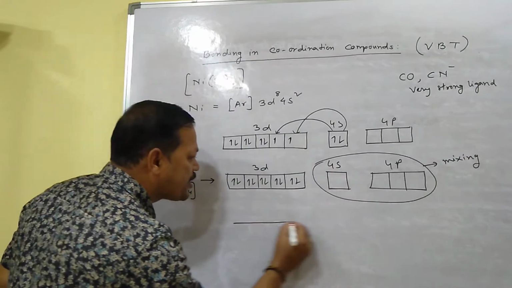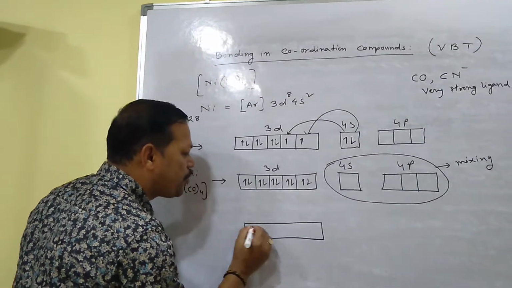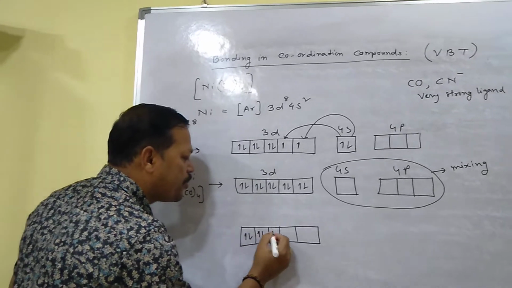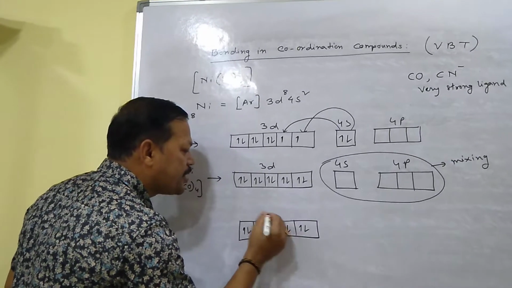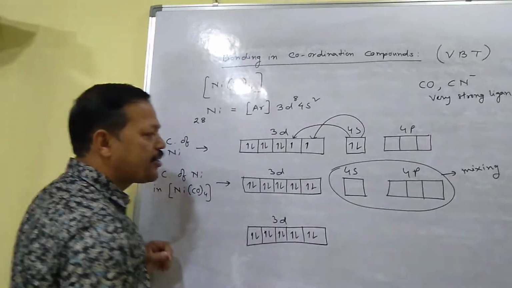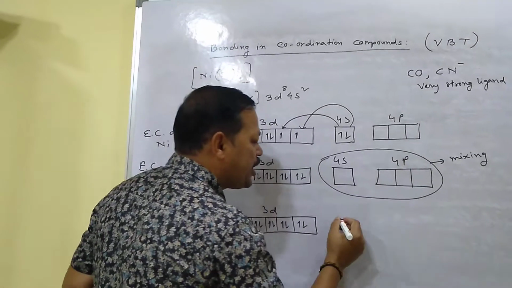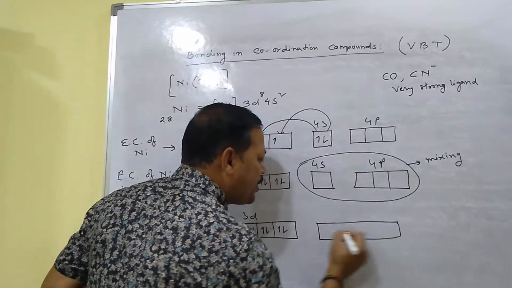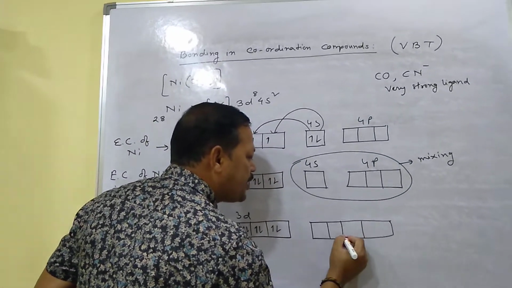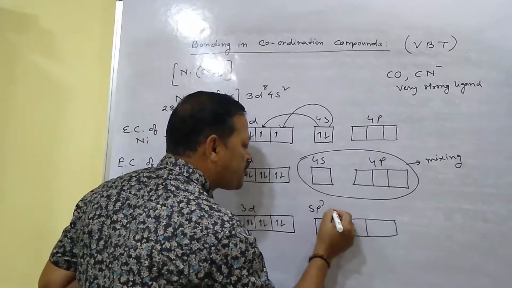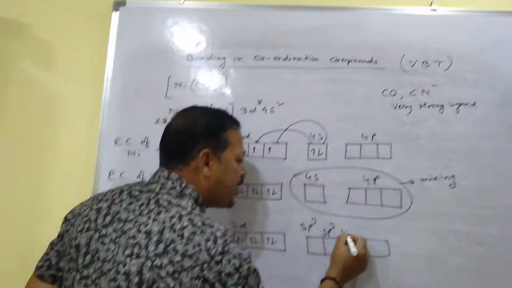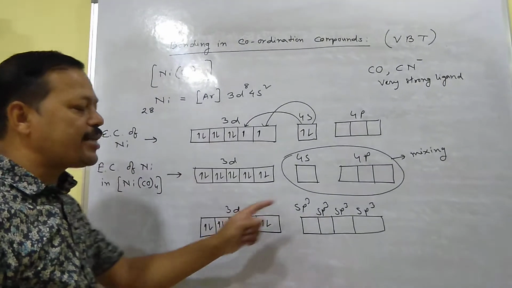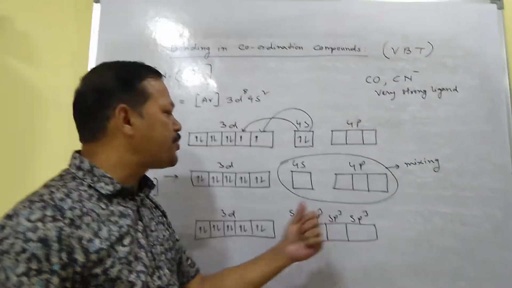After hybridization, they form hybrid orbitals. The 3d remains the same and does not take part in hybridization because it is filled with electrons. When 4 orbitals mix, they form 4 hybrid orbitals, named sp3 hybrid orbitals. Why are they called sp3? Because one s orbital mixes with 3 p orbitals.